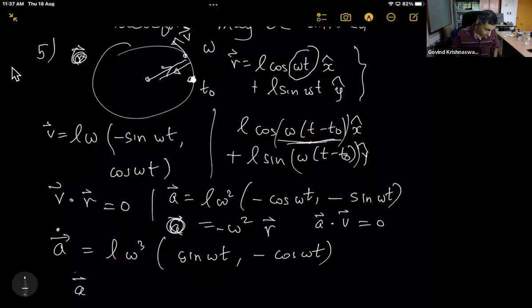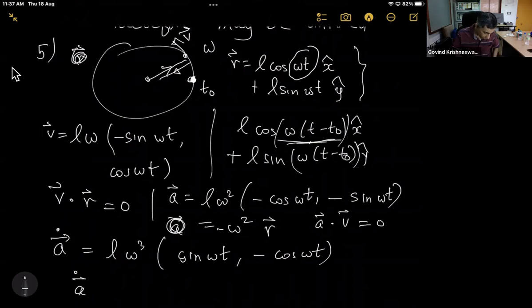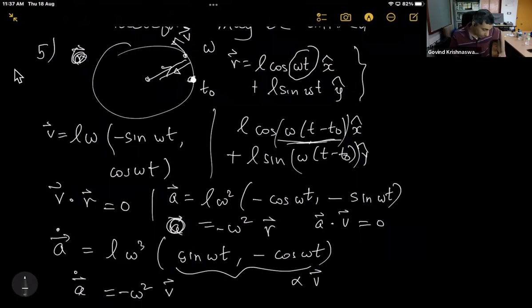And finally, A dot is in the direction of, so the sine, minus cosine, is proportional to V. So A dot we can write in terms of V: it is minus omega squared V, is that right? So we have concluded that A dot is perpendicular to A. This jolt vector in fact points opposite to the velocity.